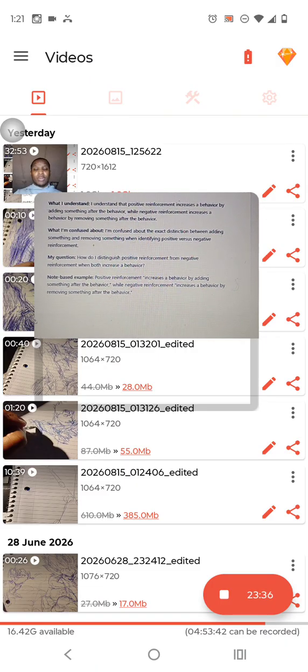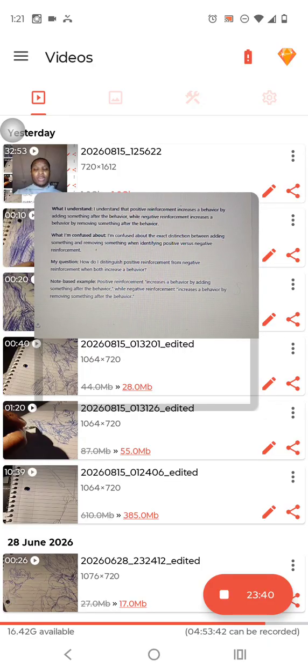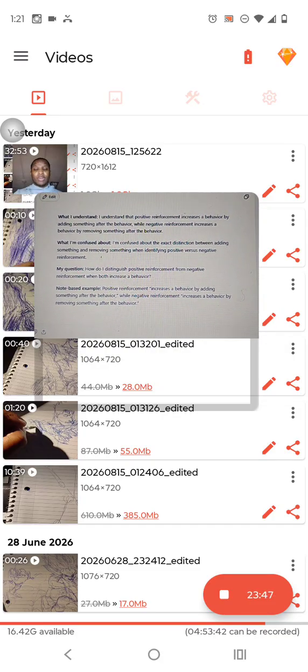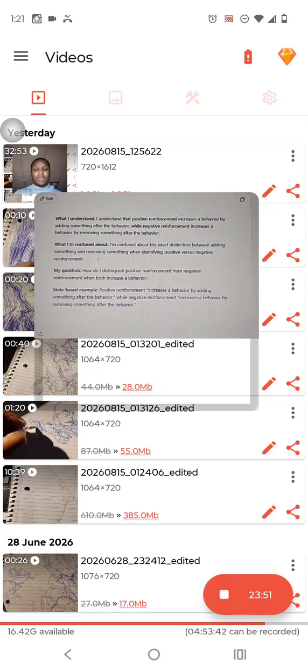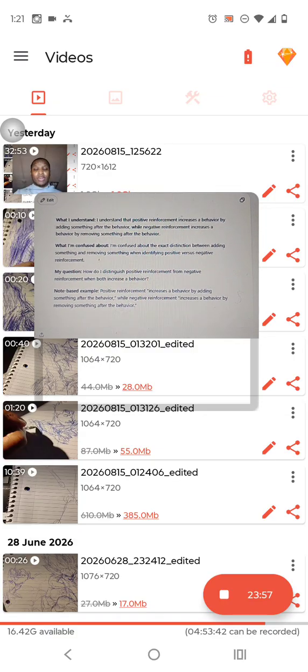My question: how do I distinguish positive reinforcement from negative reinforcement when both increase a behavior? The note-based example is that positive reinforcement increases a behavior by adding something after the behavior, while negative reinforcement increases behavior by removing something after the behavior.